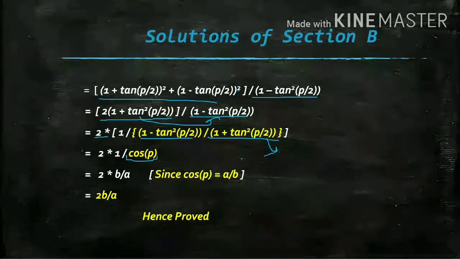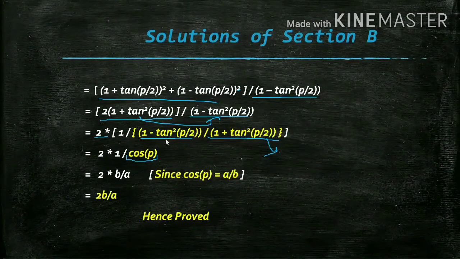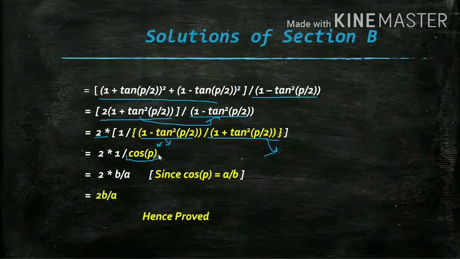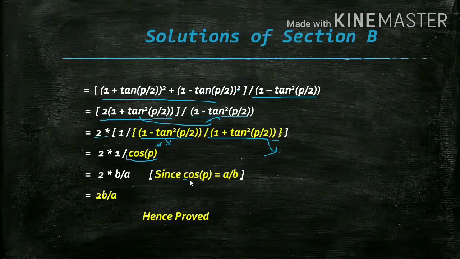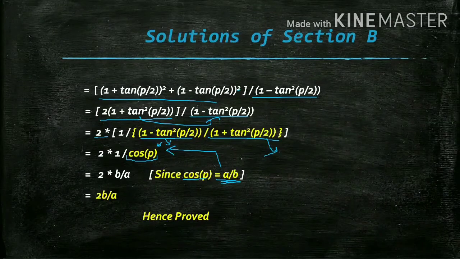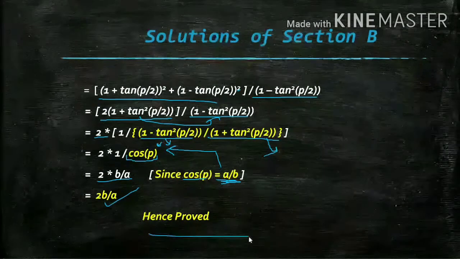Otherwise you have to complete and write it like this one, so that you can use the value that is given to you, that cos of pi is nothing but a by b. In order to use this value, you convert it in this form. Correct? Now just put the value, so you'll have the answer 2b by a, which you needed to prove.